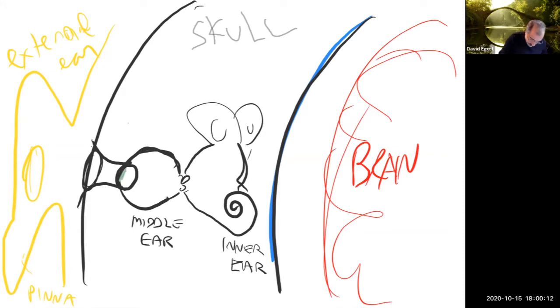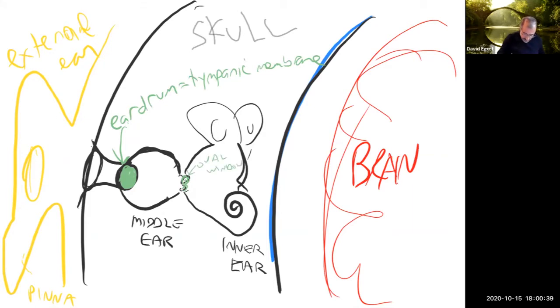The middle ear has the eardrum here, called the tympanic membrane. There's a little membrane that leads into the inner ear called the oval window. The inner ear, this is where we're going to find the cochlea, which we're going to talk about in much more detail later.